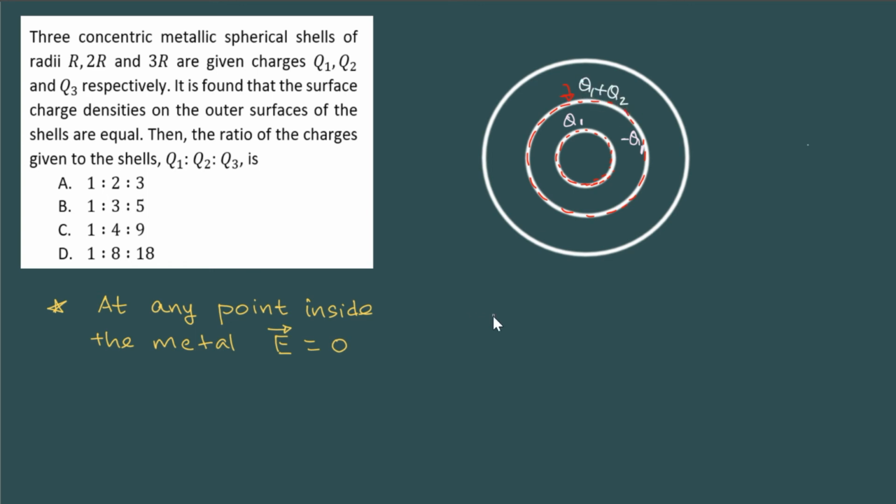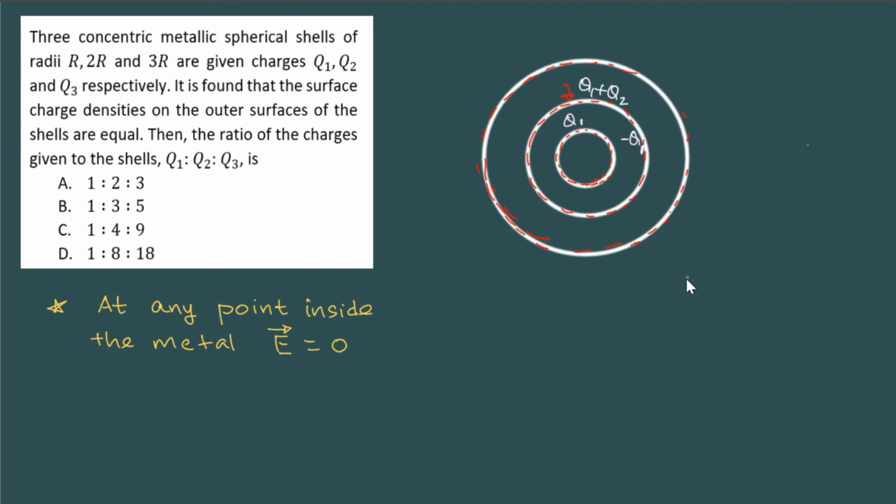If you understand this logic, you can say the same thing about the outer shell. Imagine a Gaussian sphere within the metal of the outer shell.